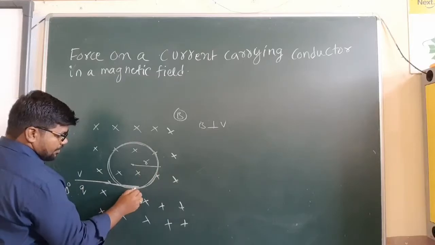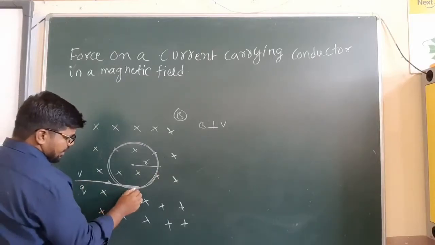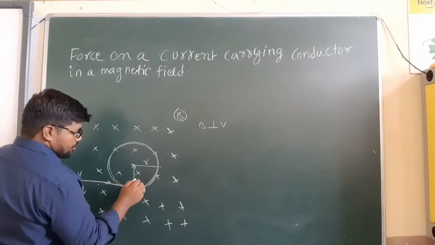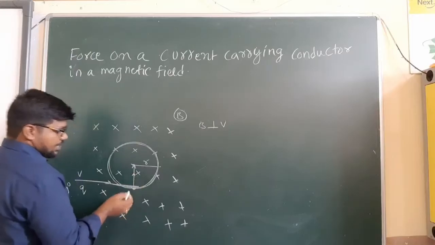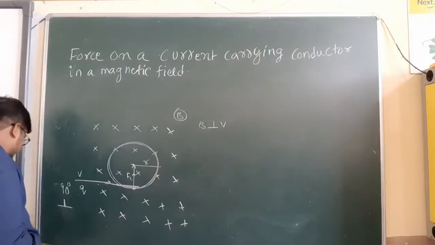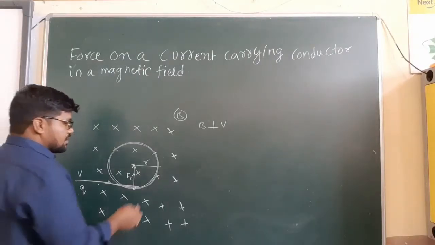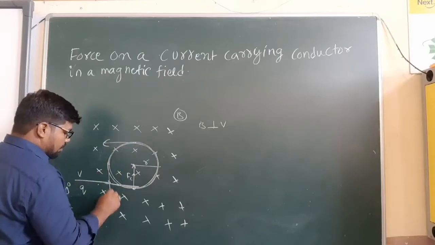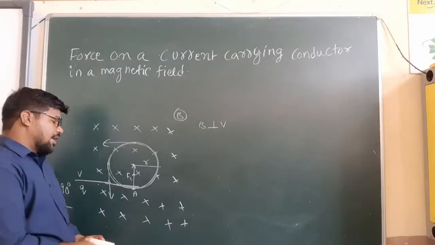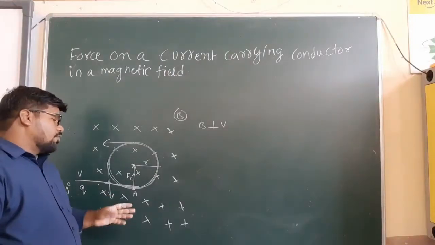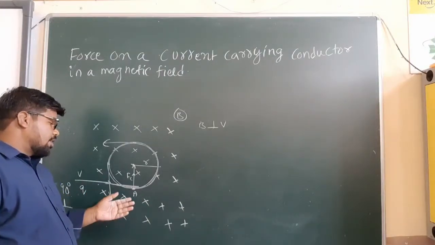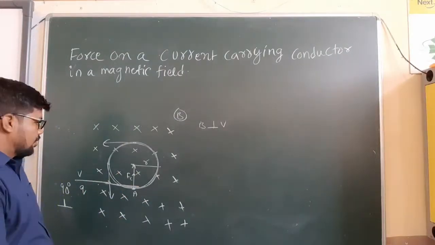Here we observe a force acting towards the center, because it is in circular motion. Suppose we consider point A. Whenever a charged particle enters the magnetic field, the particle moves in a circular path.